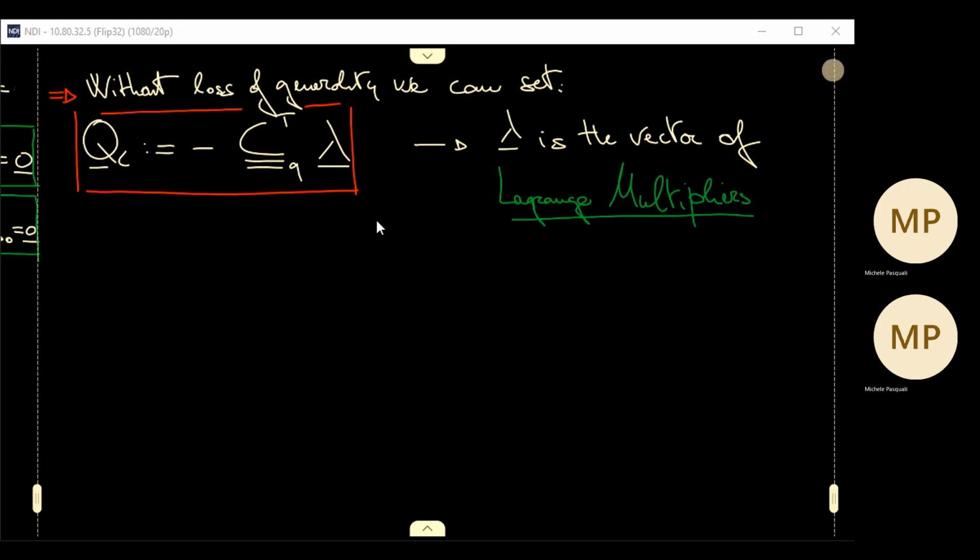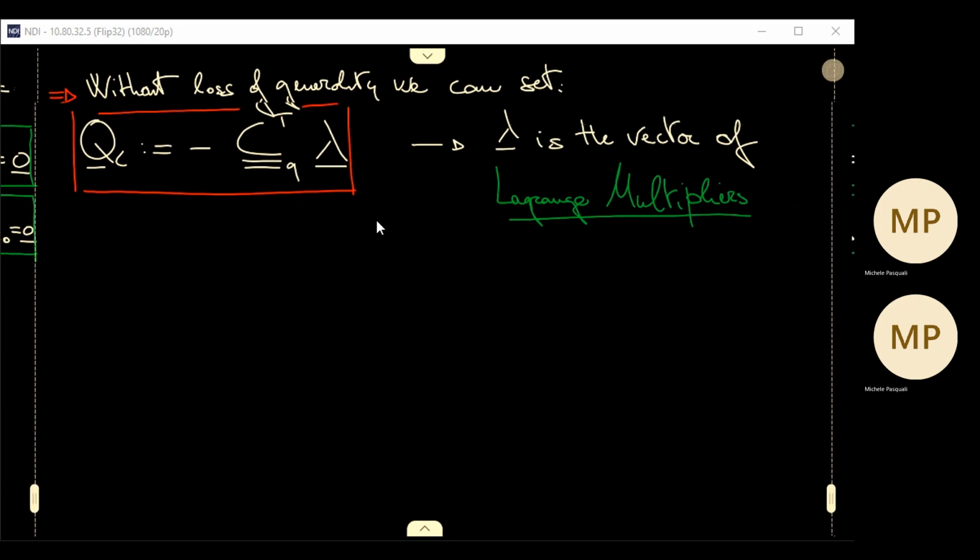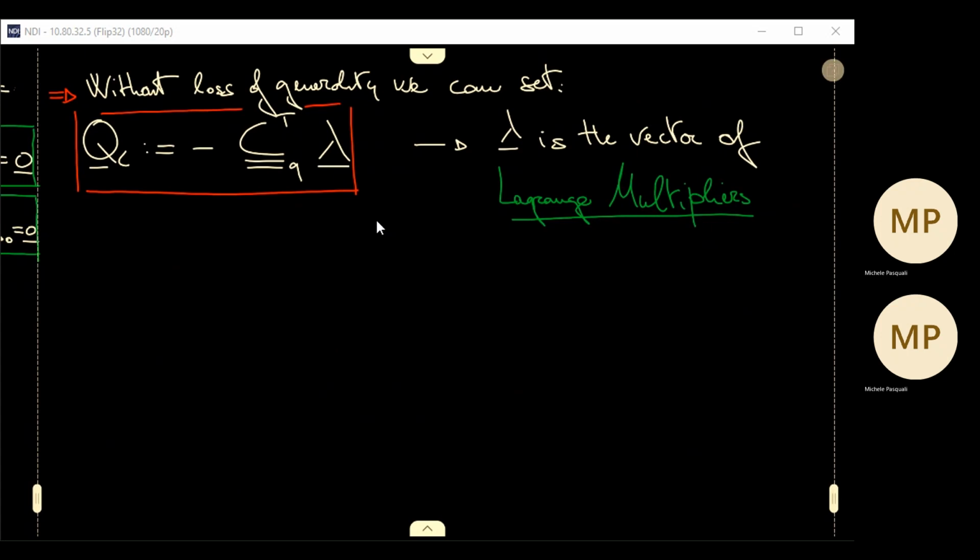So you can see that Lagrange already thought about this problem of non-holonomic constraints not being embedded directly into the Lagrange equation. So we had this other formulation.